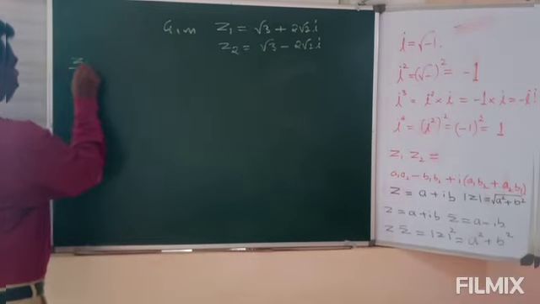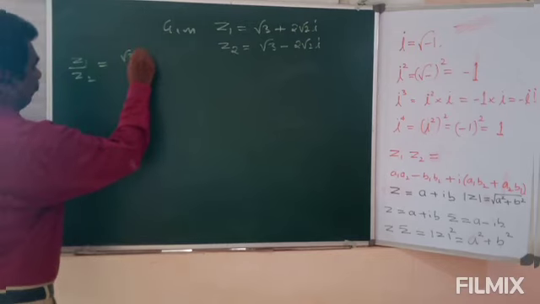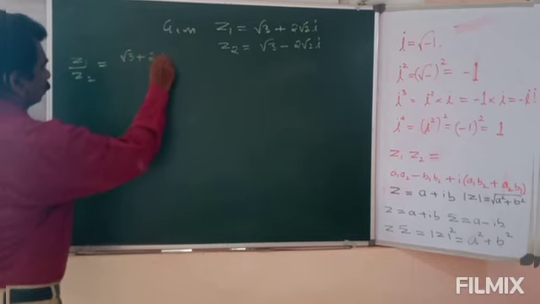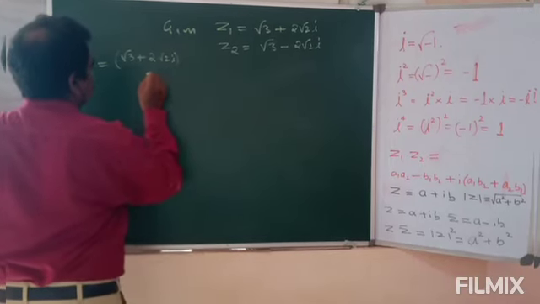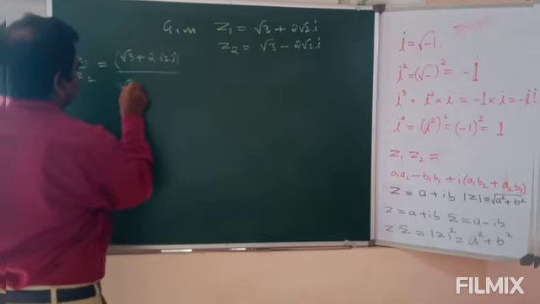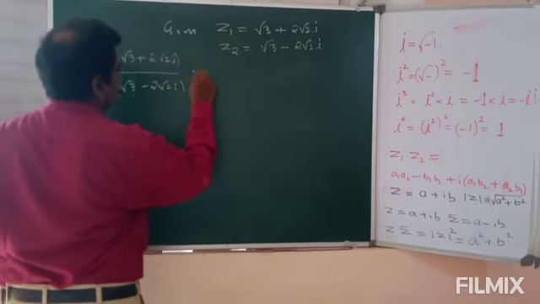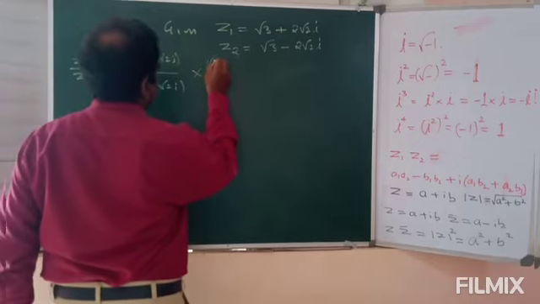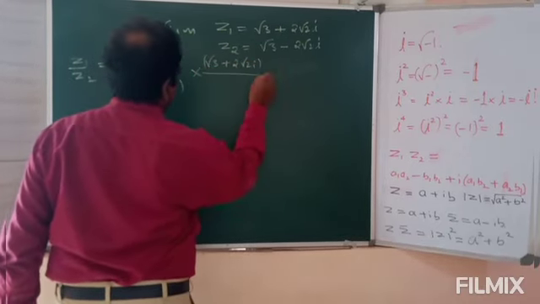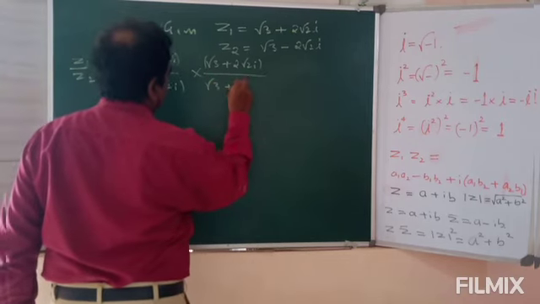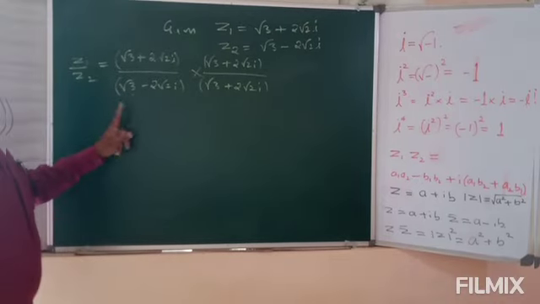Z1 divided by Z2 is equal to root 3 plus 2 root 2i by root 3 minus 2 root 2i, into root 3 plus 2 root 2i by root 3 plus 2 root 2i, because we take the conjugate of the denominator.